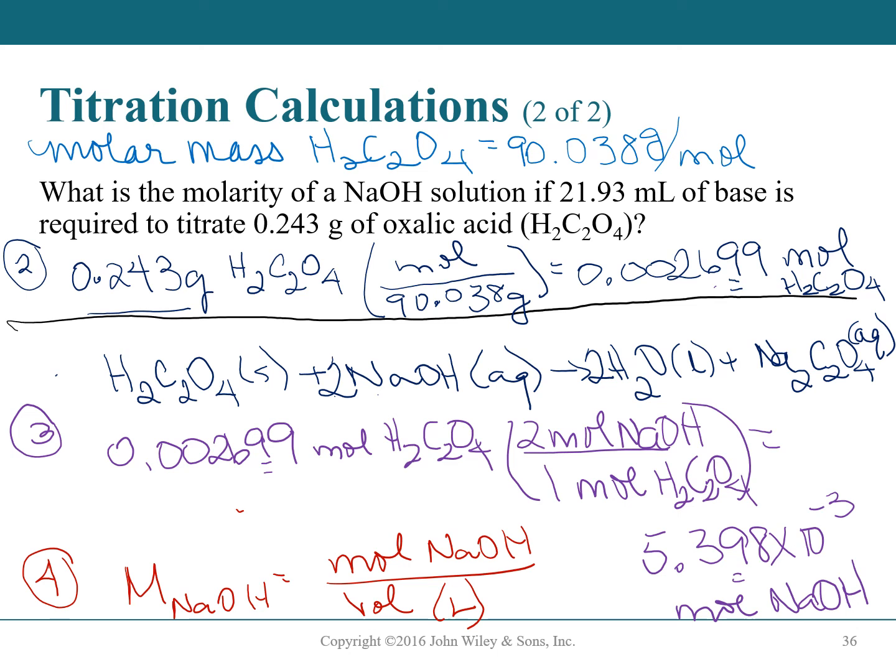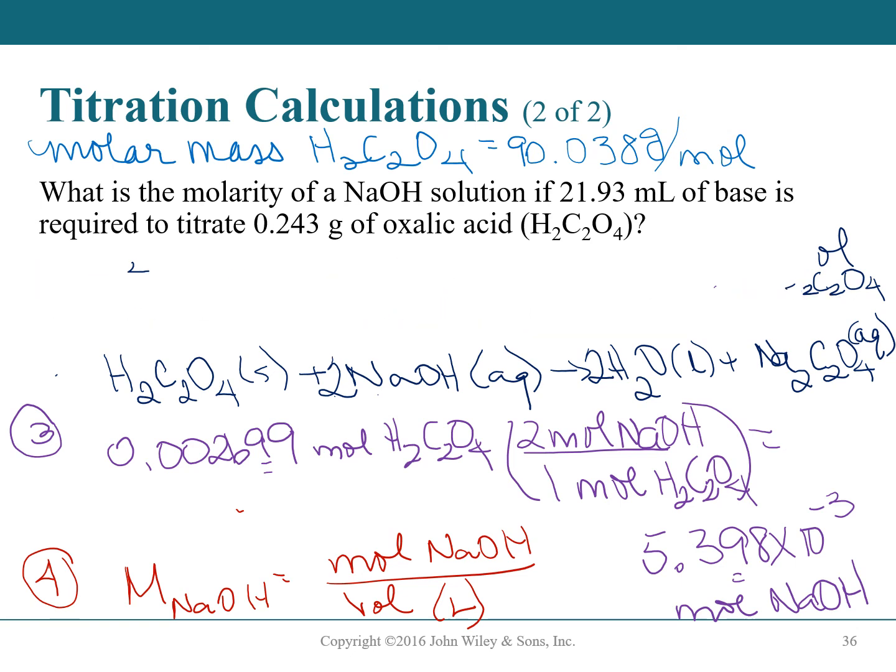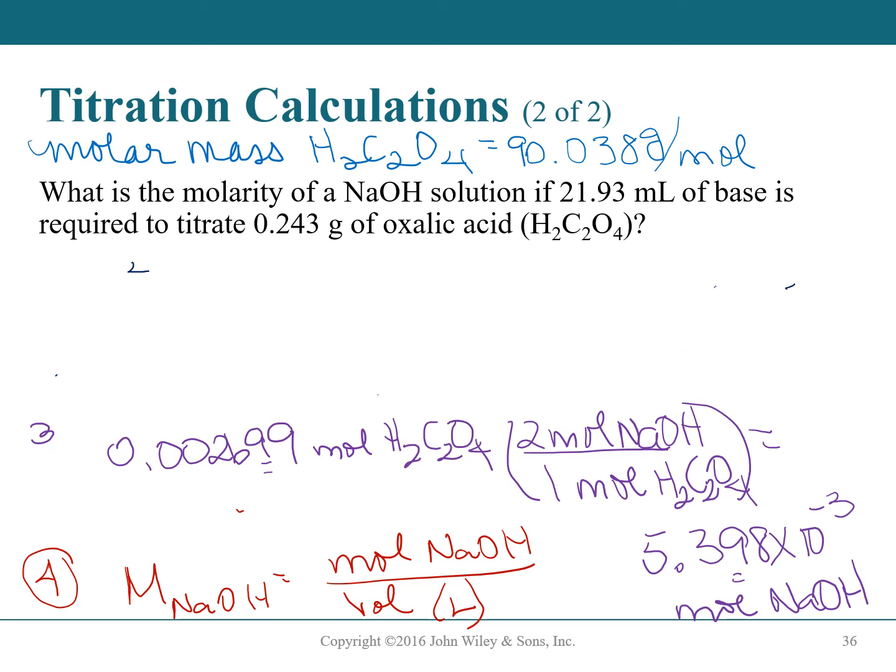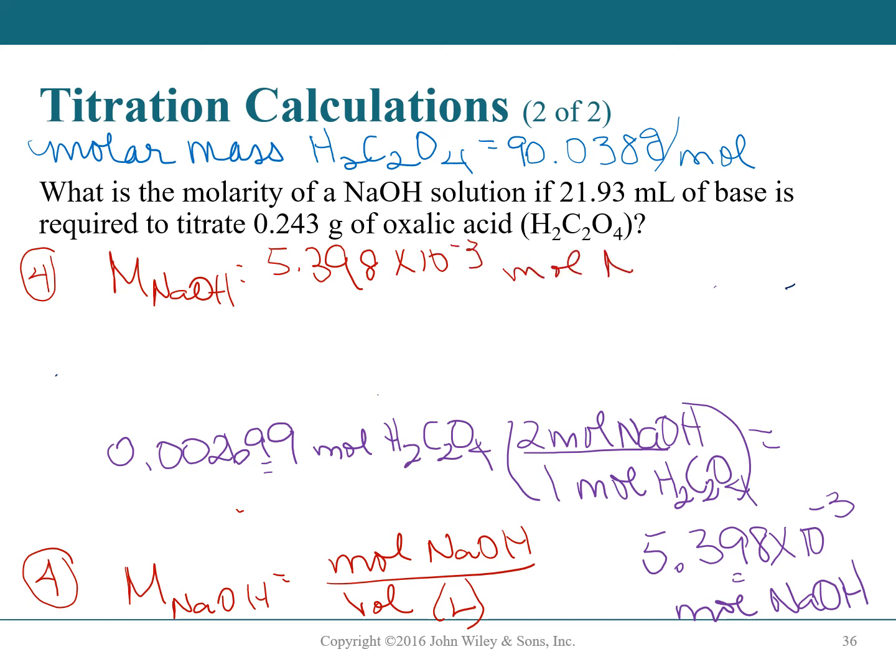I have my moles of sodium hydroxide, and I need to just convert my volume to liters. Okay. Let's go ahead and finish step 4. Concentration of sodium hydroxide is going to be equal to the 5.398 times 10 to the minus 3 moles of sodium hydroxide.